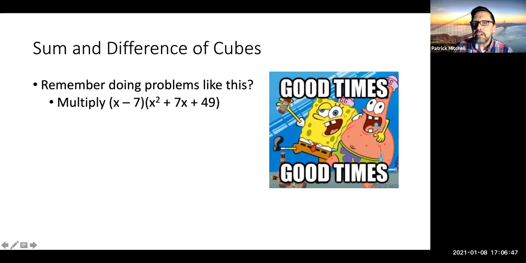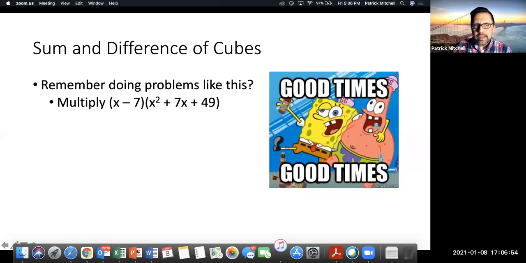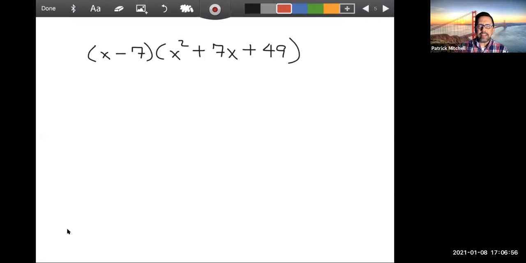Okay, we're actually going to do a chapter 5 problem here. Multiplying a binomial and a trinomial. I think I might have had one of these on the review quiz at the beginning of the course. There are a few different ways to do these. One way is to start by distributing the x.